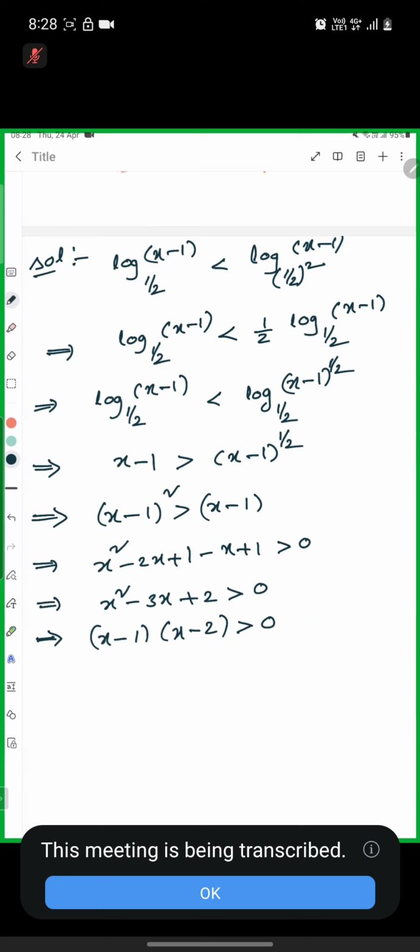Whenever you have an algebraic inequality, here the given question is a logarithmic inequality. After simplification, it will become an algebraic inequality. Now solving this using wavy curve. For that, first you have to factorize the quadratic into linear factors. Next, make the coefficient of x positive in each linear factor.